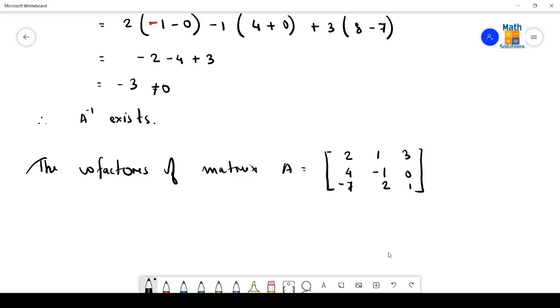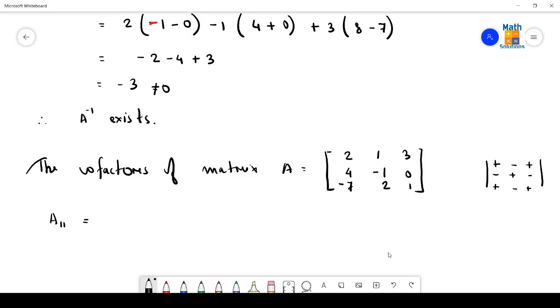Let us find out the cofactors here. We denote the cofactors as this. For finding out cofactors, we have to use the sign conventions also. This is the sign convention: plus, minus, plus, minus, plus, minus, then again plus, minus, plus.